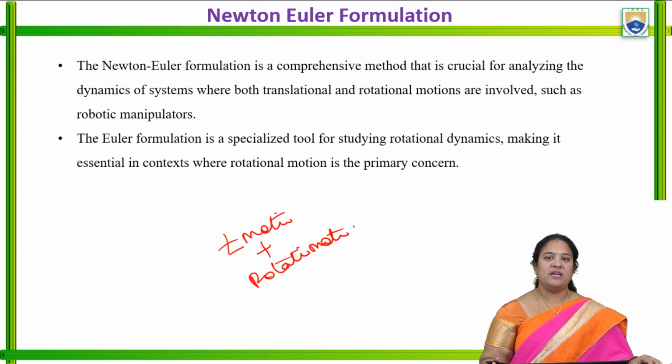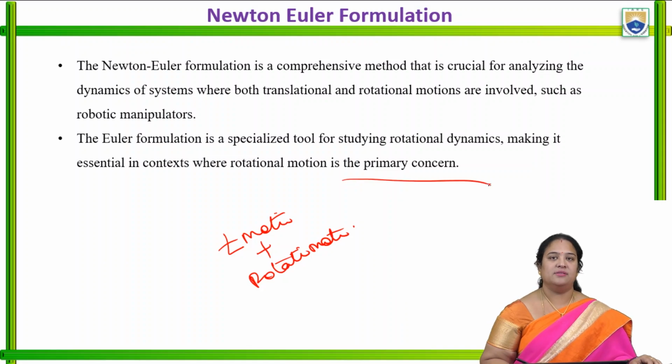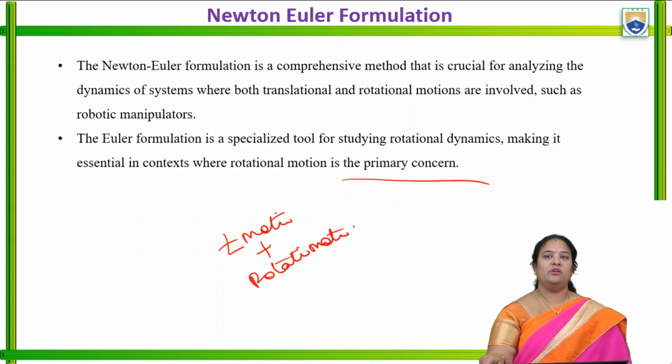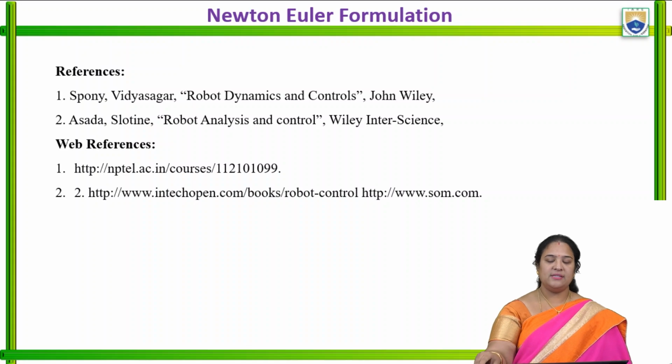In order to study the rotational dynamics, this is a primary concern. The Newton-Euler formulation is one of the primary tools when we need to study the rotational or dynamic movement of the robot, right? So these are the references which we have gone through.